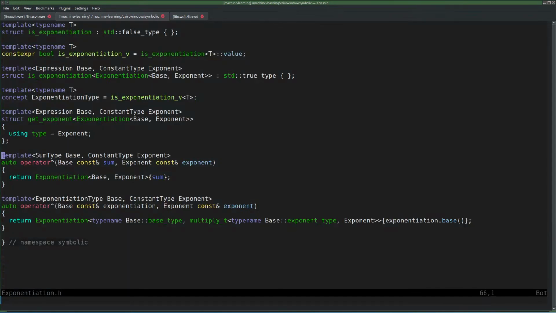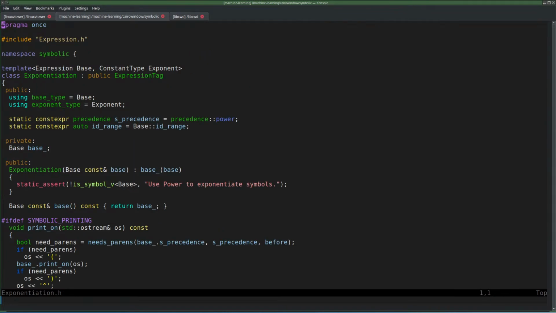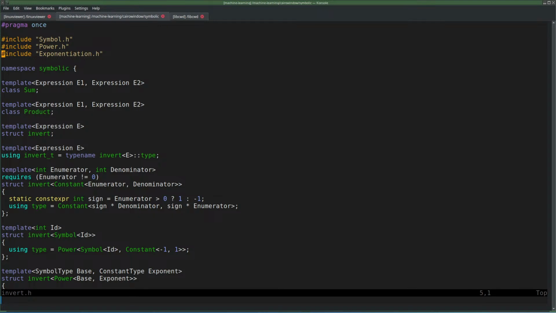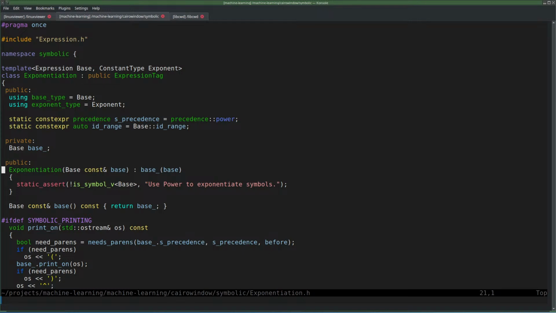Nothing works, right? You cannot include. Yeah, wait a minute. From invert.h cannot include exponentiation. So let's do exponentiation forward declaration as well, which uses constant type. Well, we do have constant. Oh yes.